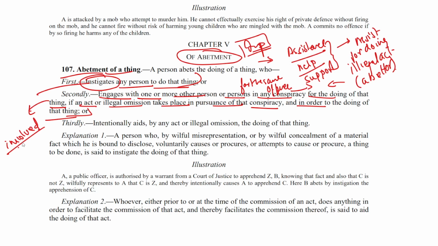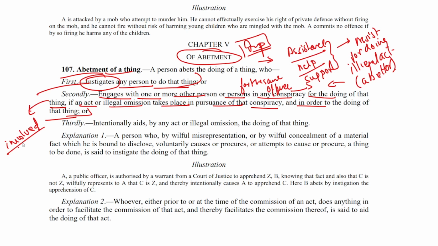And in that case, the one person who has been waiting outside also conspired for this particular plan. So it will be considered that all of them have abetted that particular illegal act, and each one of them will be held liable.